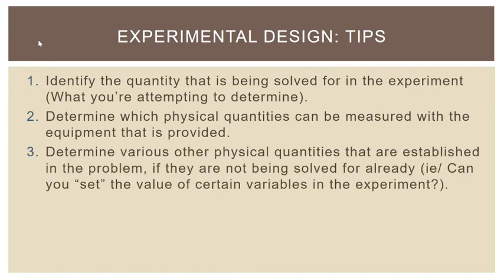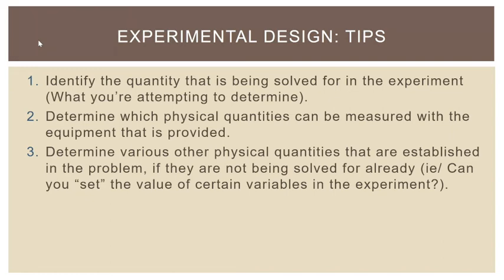Step 3 is to determine various other physical quantities that are already established in the problem if they are not being solved for already. And so it says here, i.e., can you set the values of certain variables in the experiment? This goes into what we were talking about before with the graphical translations. Can you make any assumptions, or can you make your life easier in any way?